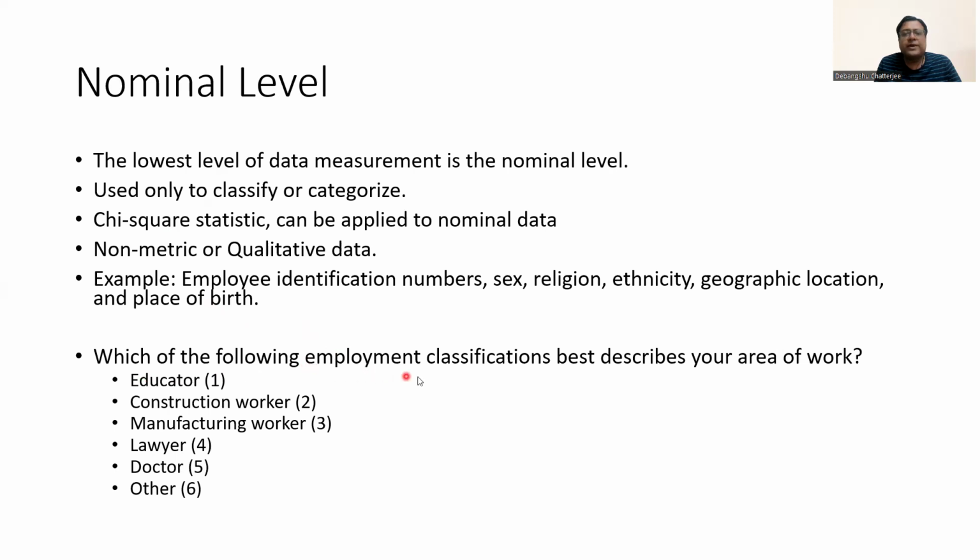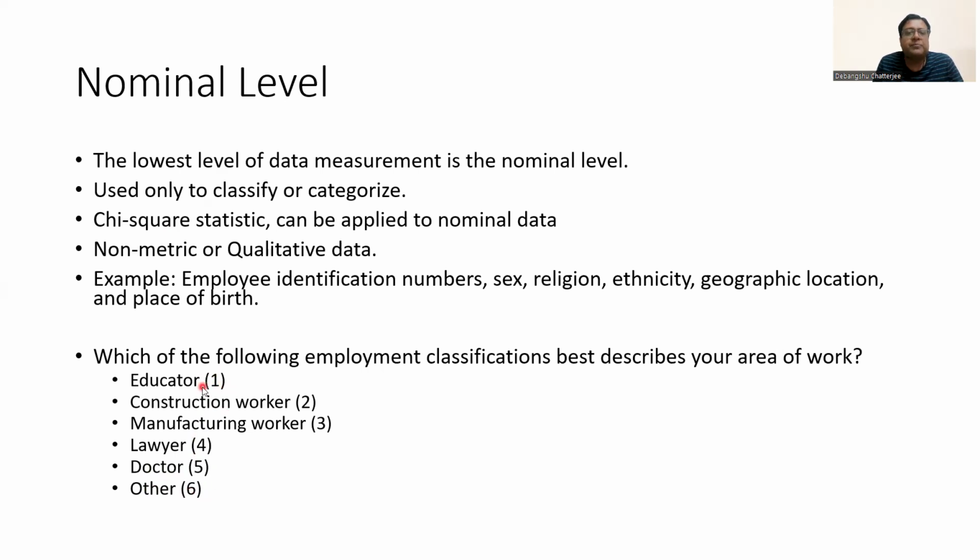Now, which of the following employment classifications best describes your area of work? This is the question, and based on that, here we have written educator, construction worker, manufacturing worker, lawyer, doctor, other. So now this is an example of nominal data.